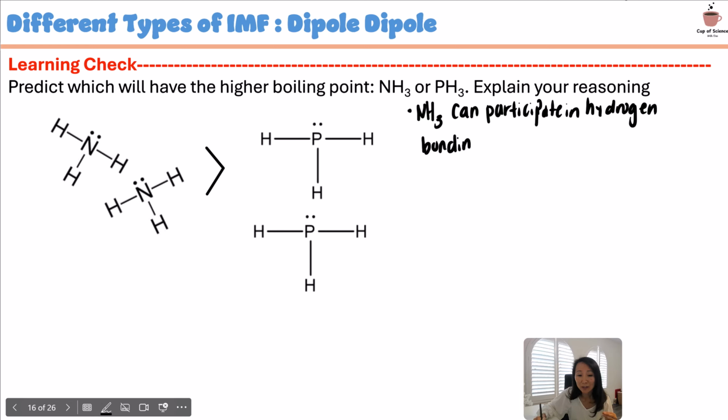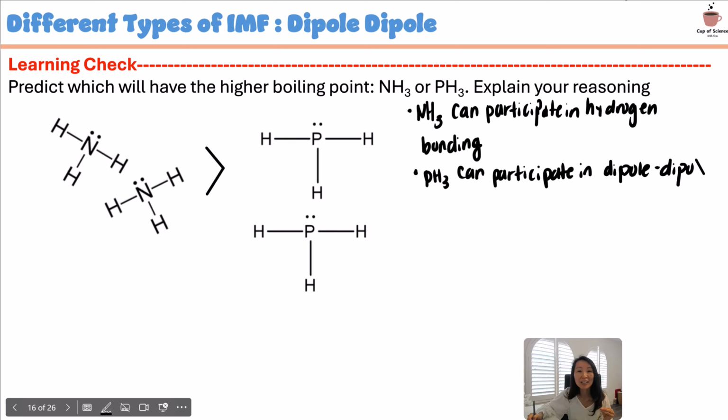And PH3, though it looks much like NH3, participates in dipole-dipole. And which one requires more energy to break? Yeah, the hydrogen bonding requires more energy to break.